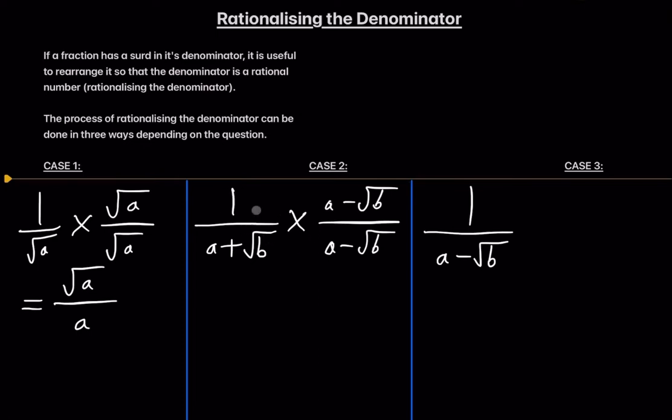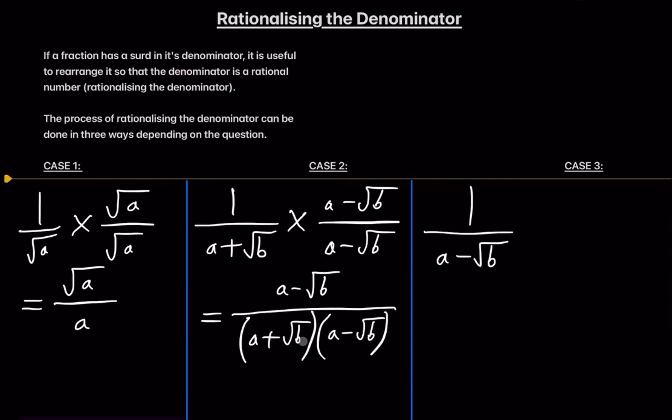So let's first start off by simplifying this. 1 times a minus root b is equal to a minus root b. And that's all divided by a plus root b times a minus root b.